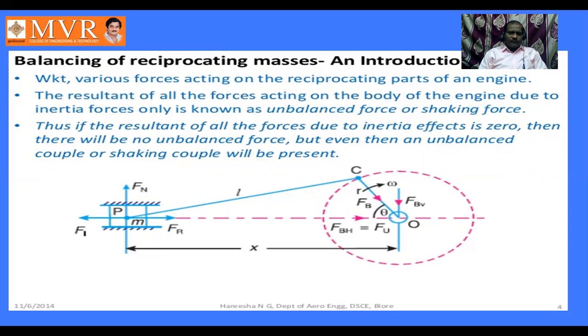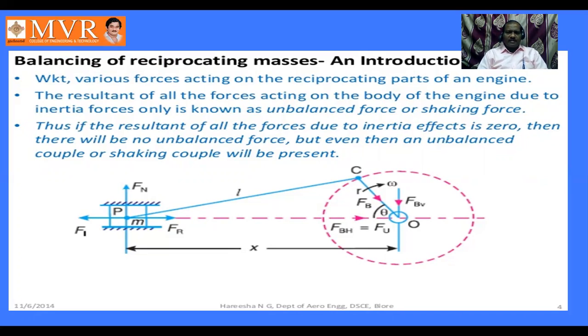So, the second point, if you remember, although the resultant may be zero, still a couple will be acting. That couple is going to be called a shaking couple.